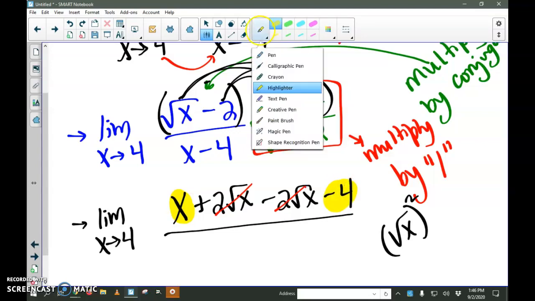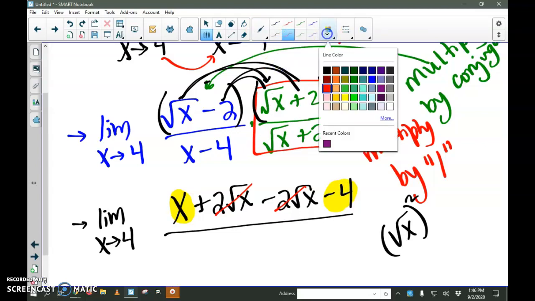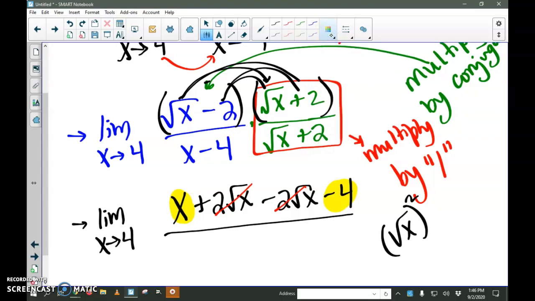All right, another strategy of mine, I know so many strategies, is to not distribute this denominator. Look, both of these expressions, the x minus 4 and the square root of x plus 2, do not both contain square roots.